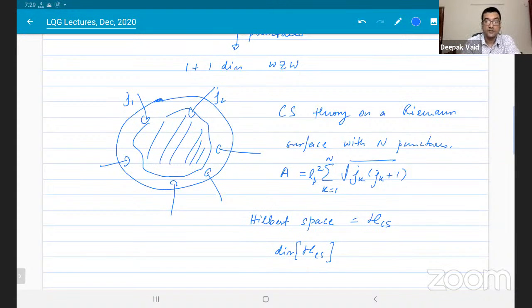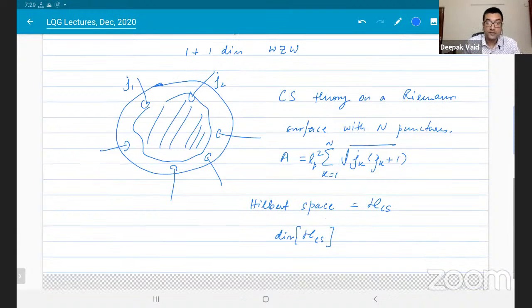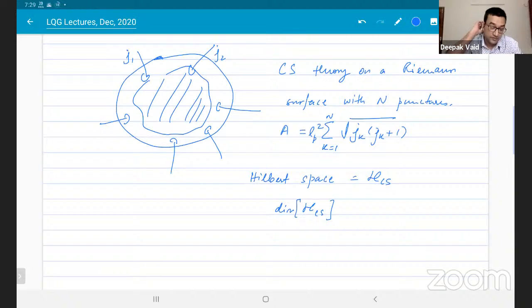So let's see. Okay. This gives us that the entropy of this black hole is proportional to the area. Now let me give you some references so that you can investigate this.